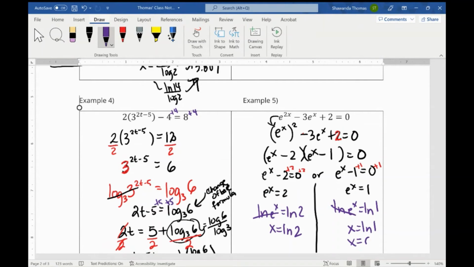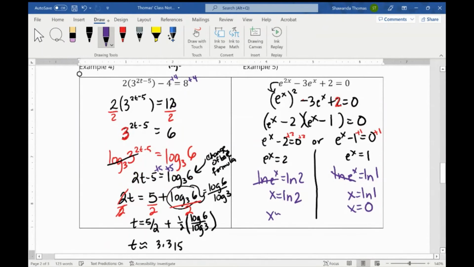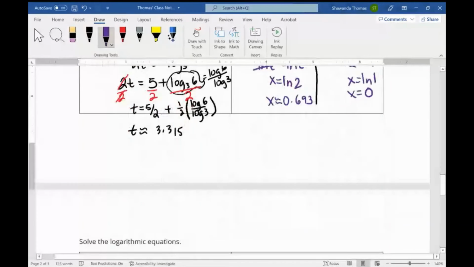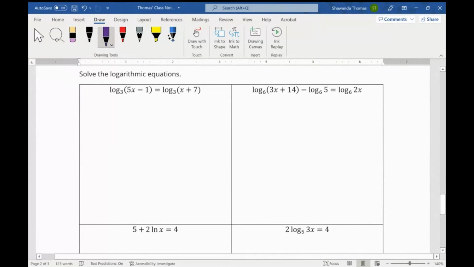Natural log of 1 is 0. What is the natural log of 2 approximately? So put that in your calculator. If you said approximately 0.693, then you're correct. Let's move on to the last page.